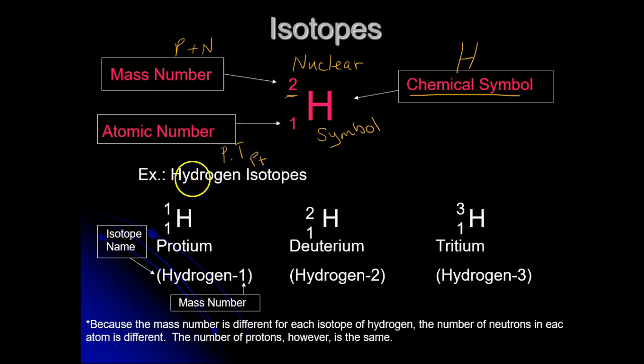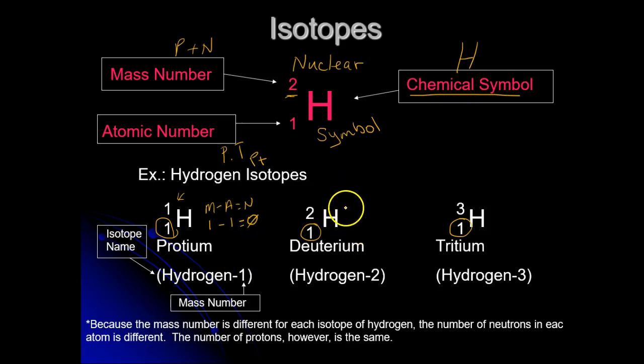So for instance, hydrogen isotopes, which we just mentioned what isotopes are. All of these are hydrogen, and if you notice, all of these have an atomic number of 1, because remember, it tells us the identity of the element. This one has 1 as a mass number. So if I do M minus A equals N, I take the mass number, which is 1, minus the protons, which is 1, equals 0.